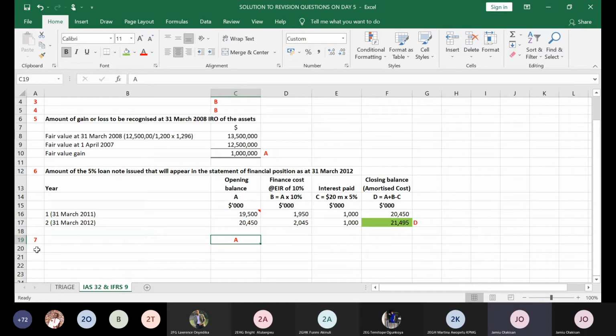Adjusting event, we go back and adjust. Non-adjusting event, we don't go back and adjust. We only disclose by way of note.